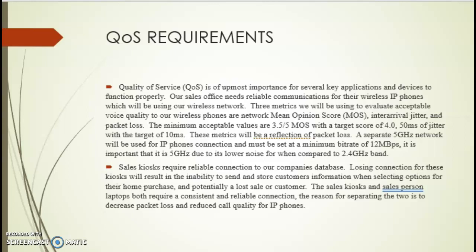Sales kiosks require reliable connection to our company's database. Losing connection for these kiosks will result in the inability to send and store customer information when selecting options for their home purchase, and potentially a lost sale or customer. Sales kiosks and salesperson laptops will both require a constant and reliable connection. The reason for separating the two is to decrease packet loss and avoid reducing call quality for the IP phones.